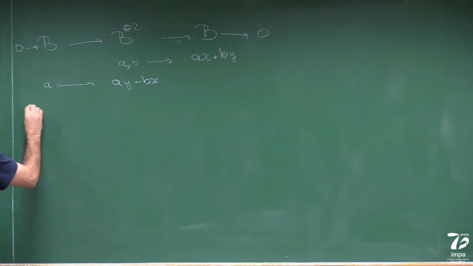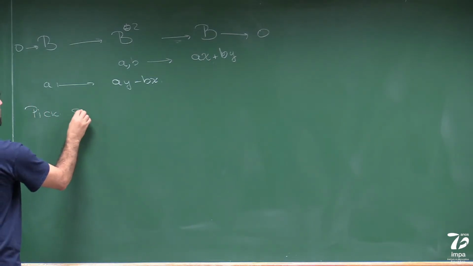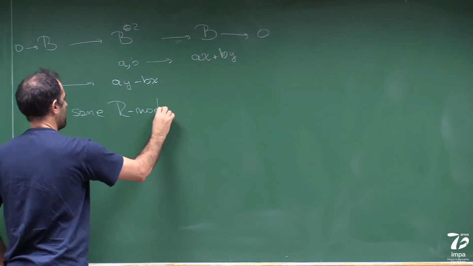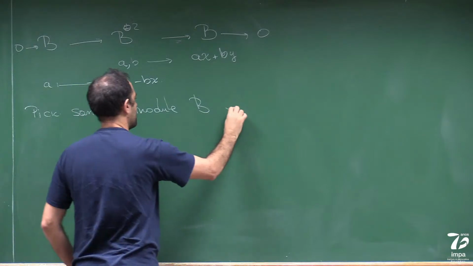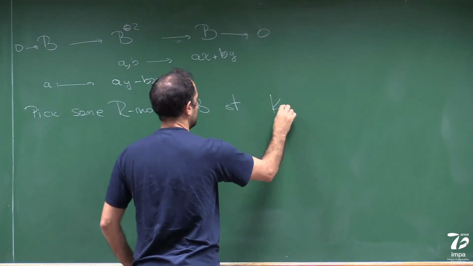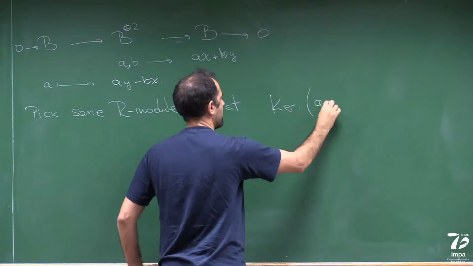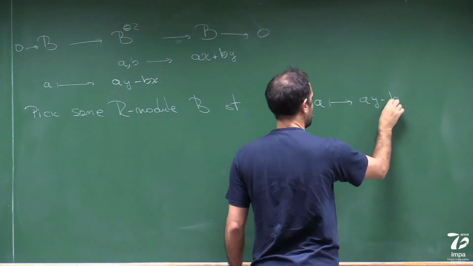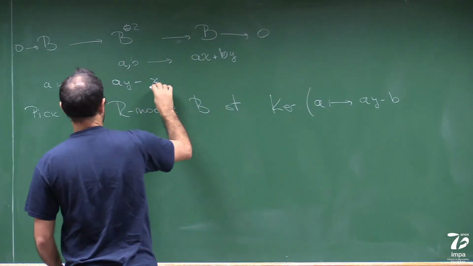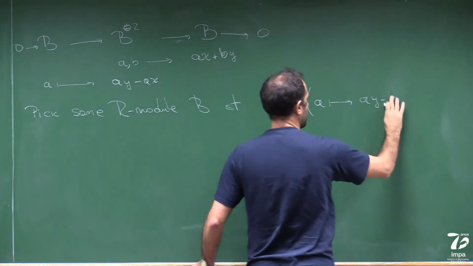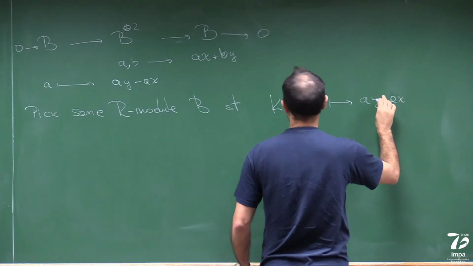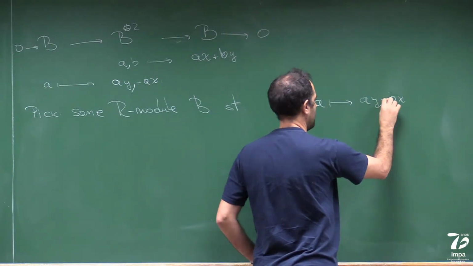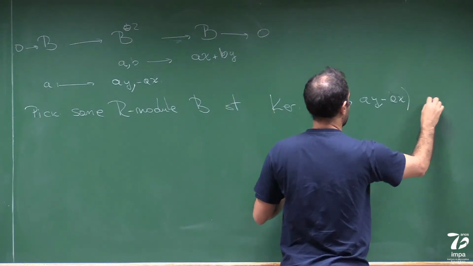So pick some R module, P, such that the kernel of the map from A to AY minus AX is non-zero.